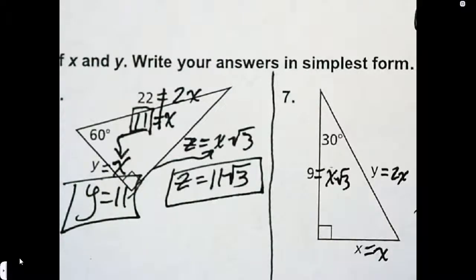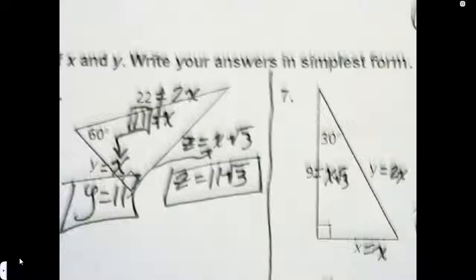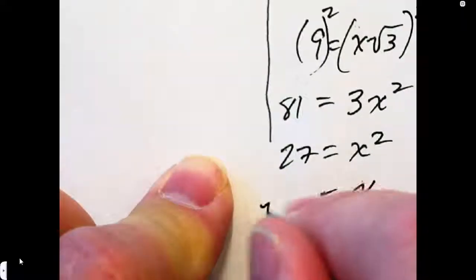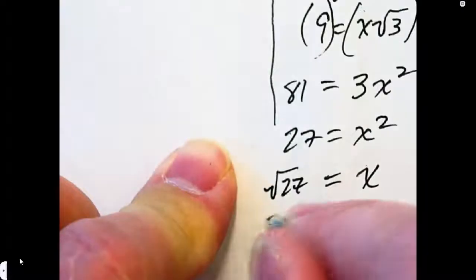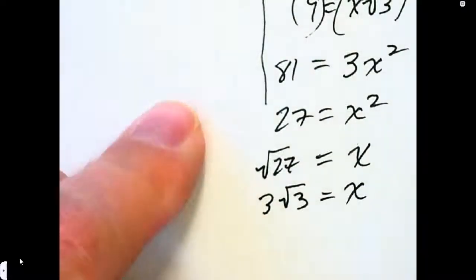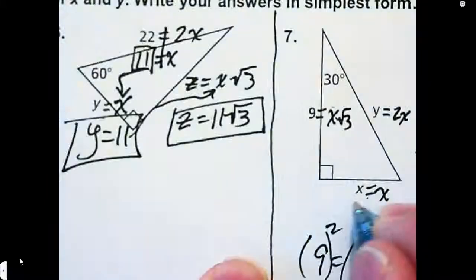If you square this side and square that side, you get 81 equals 3x squared. You get 27 equals x squared, and then you get x equals root 27, which is 3 root 3. Okay? So x is 3 root 3.